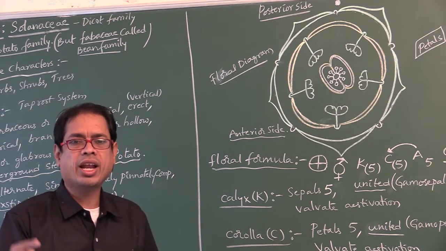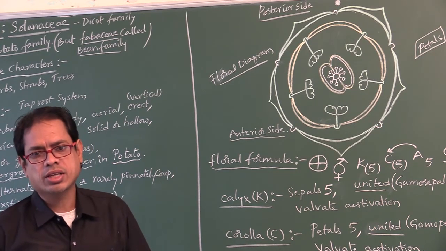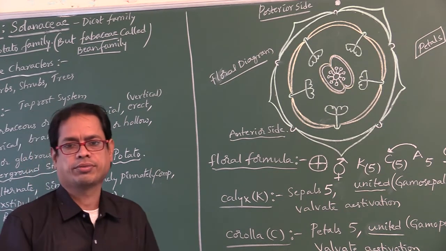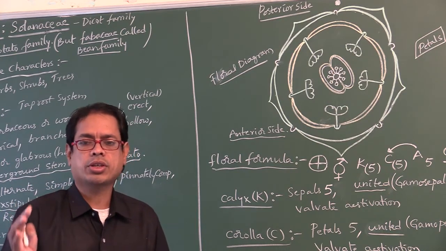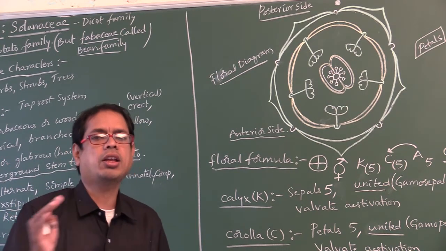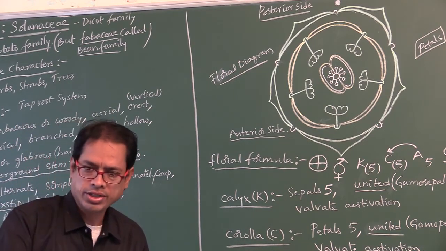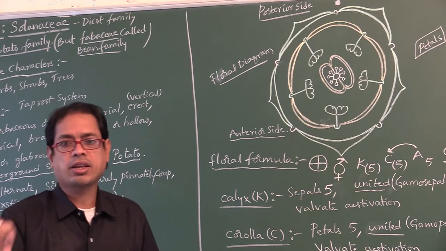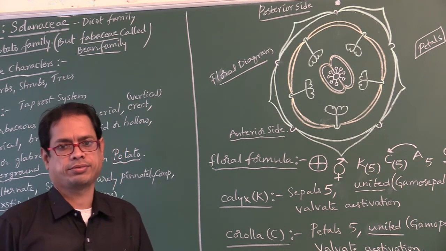That's why swollen axial placentation is found in Solanaceae. Axial placentation is found in both Solanaceae and Liliaceae. Whereas in Fabaceae, what type of placentation? Marginal placentation. Okay.